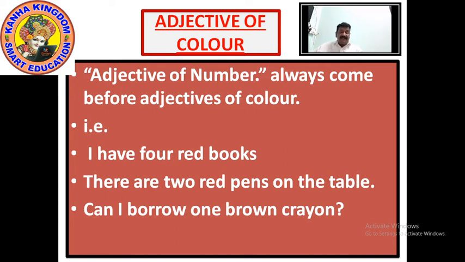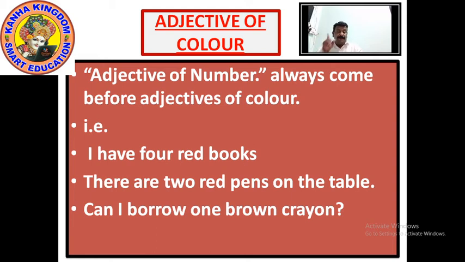I have 5 raincoats. There are 2 red pens on the table. There are 2 red pens on the table. Red is the adjective of color and 2 is the adjective of number.